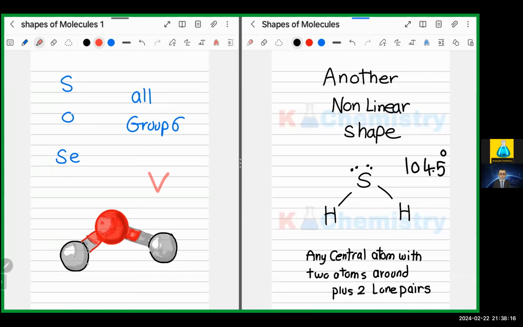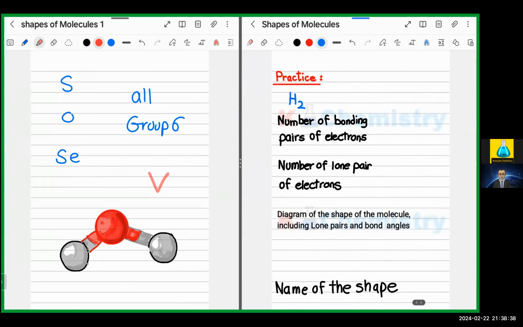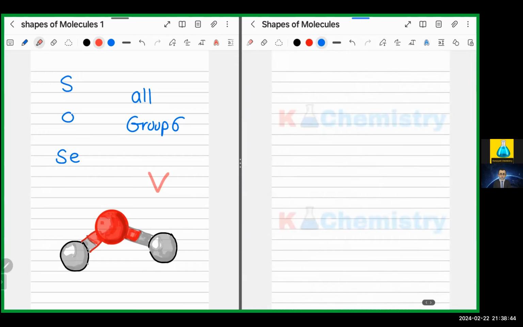So any central atom that will have two atoms around it, plus 2 lone pairs of electrons, two bonding pairs and 2 lone pairs, will be considered as a bent or nonlinear shape, and the angle of it will be 104.5. So try to practice with the H2S. Another example, try to make more practice so that you can draw it easily.